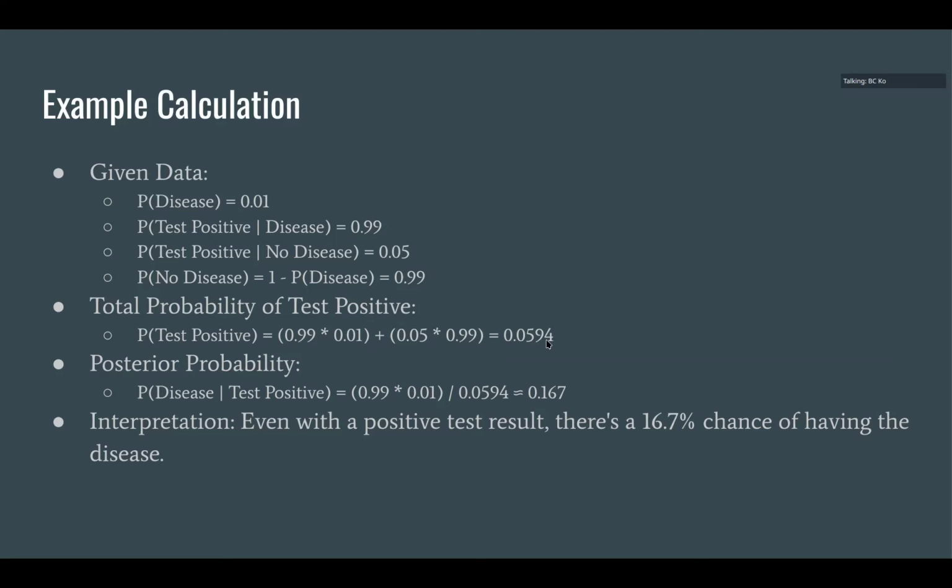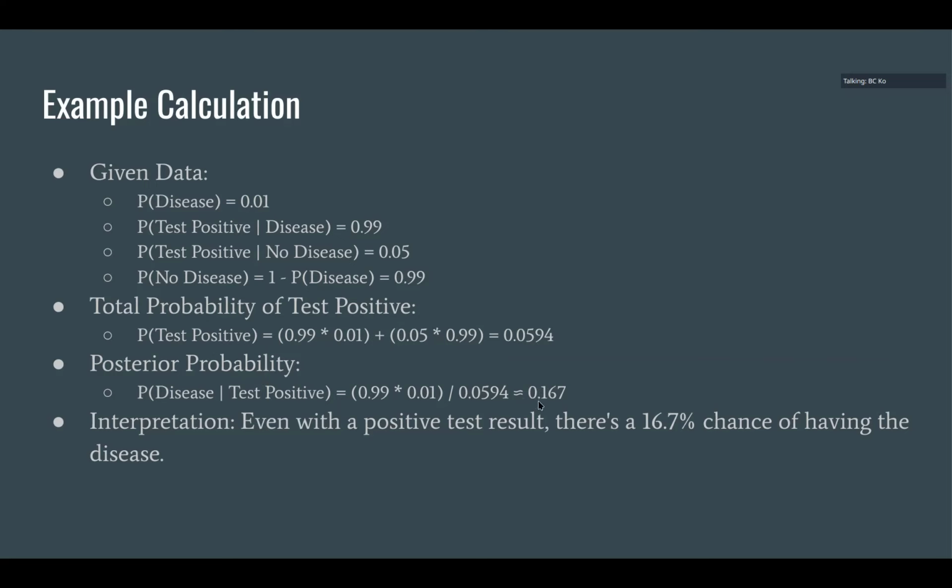Now, using Bayes' theorem, we can calculate probability of disease given test positive. Then we will end up with approximately 0.167.